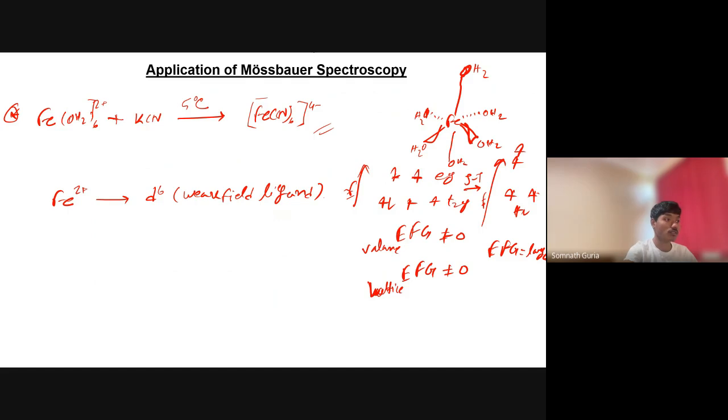Now it forms the iron hexacyano complex, hexacyanoferrate. All the cyanide molecules are here in Fe(CN)6 4 minus, so it will be a low spin system as cyanide is a very strong field ligand. CN minus is a strong field ligand.